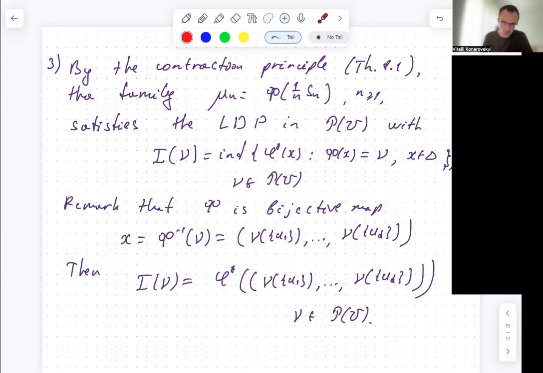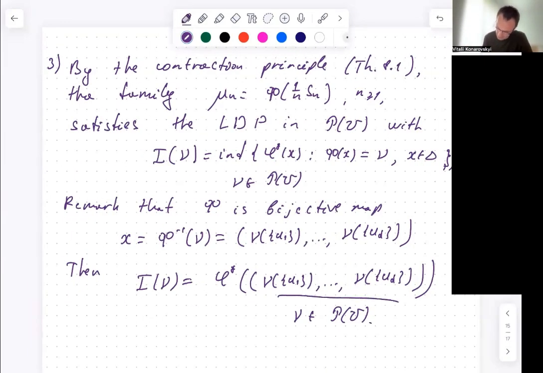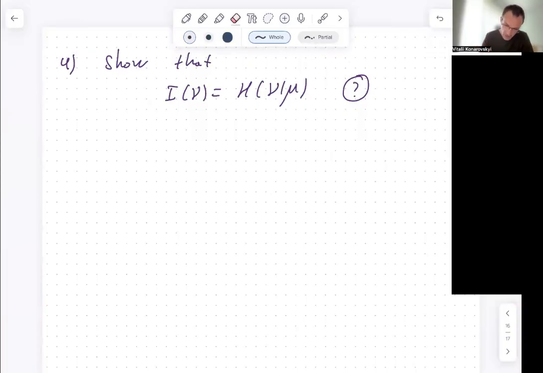For that, we need to make some computations. We need to first compute the cumulant generating function, then take the Fenchel-Legendre transform and see that it gives exactly the relative entropy at those points.